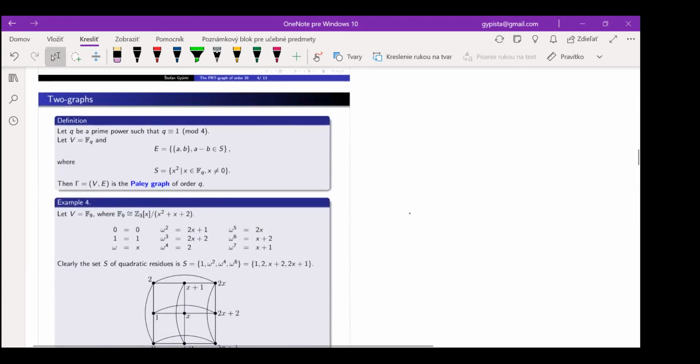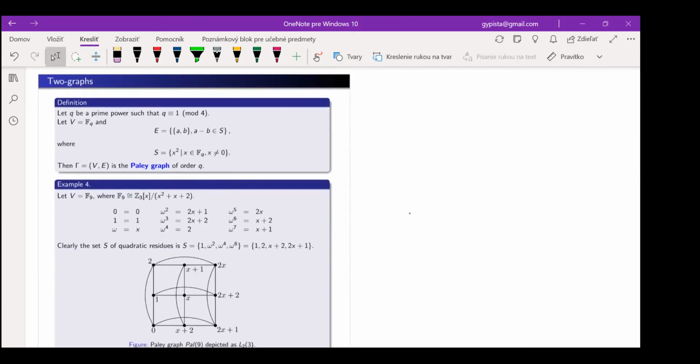Now, we need to introduce another concept which is probably well known to most of you, and these are the Paley graphs. Let us take a prime power, or a finite field of order q, where q is congruent to 1 modulo 4.